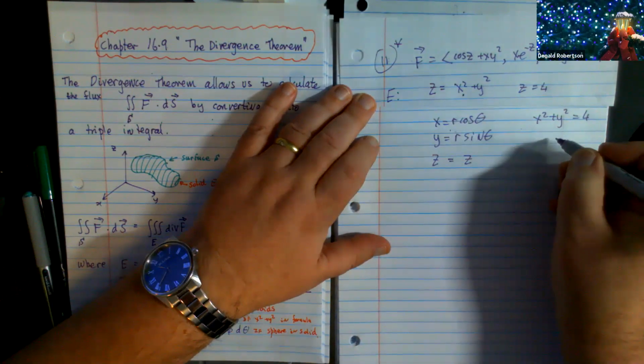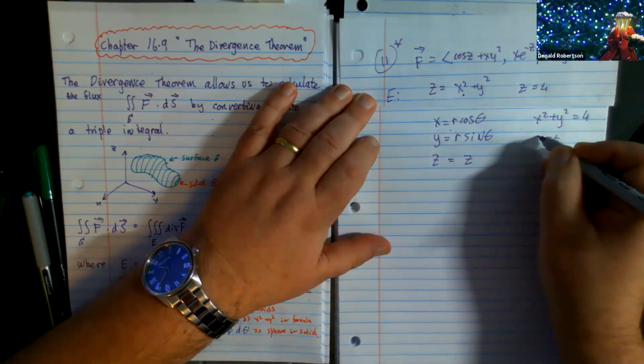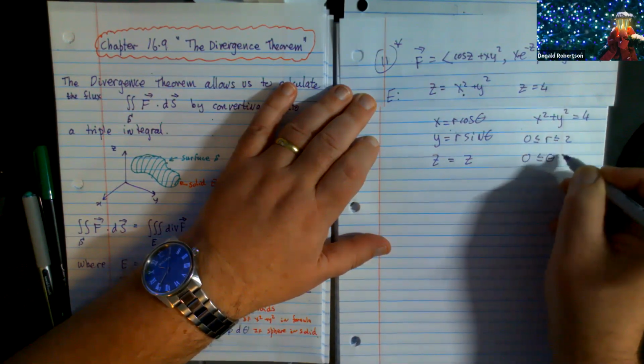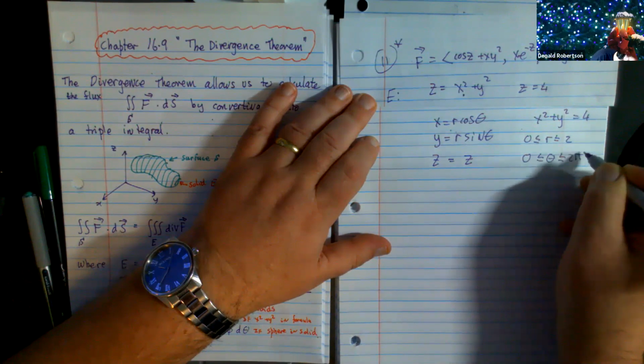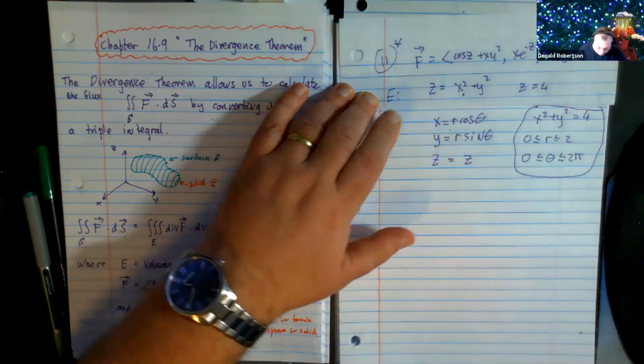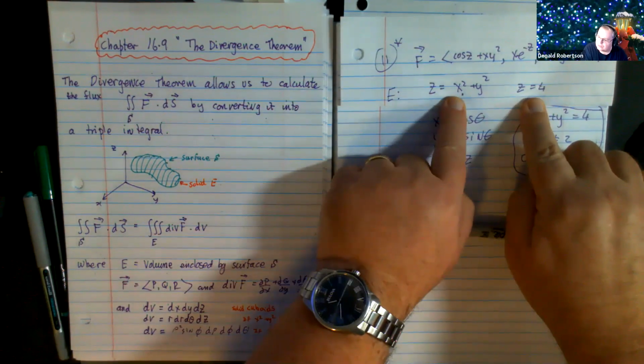And that tells me that r is going to be from 0 to 2, and that theta is going to be 0 to 2 pi. Are you happy about how we got the limits of r and theta by combining these two together?